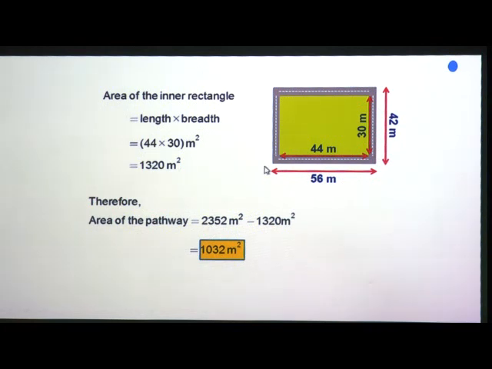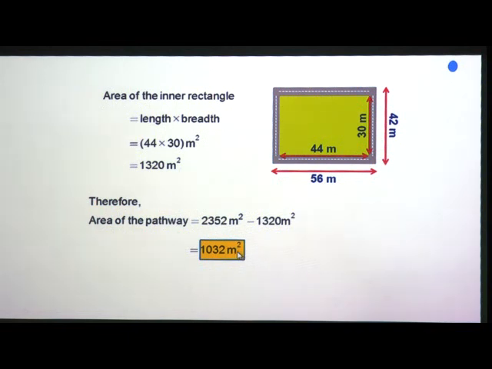This is the area of the pathway outside, which is gray in color. 2352 is the area of the outer rectangle, minus the area of the inner rectangle. After the subtraction we get 1032 meter square.